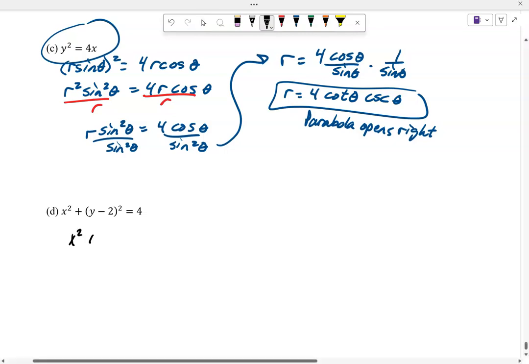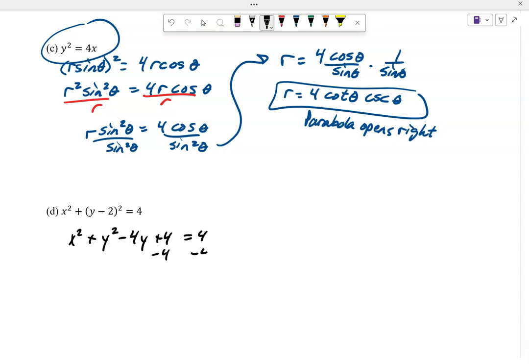Here, I'd probably expand this. y minus 2 squared is y squared minus 4y plus 4 equals 4. See how my 4's are gone here? And the reason I'm doing this, let me also add the 4y to the other side. See how I got x squared plus y squared? So there's my r squared. It's 4y.